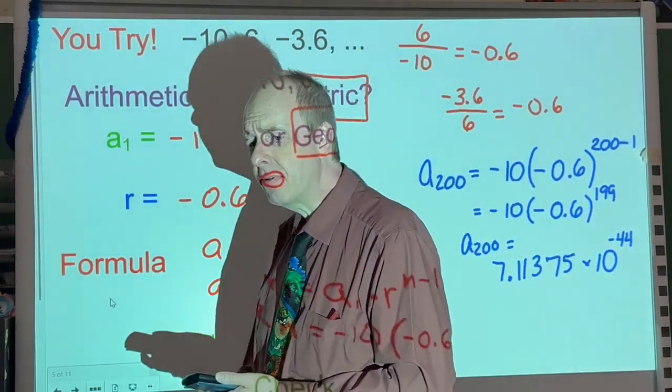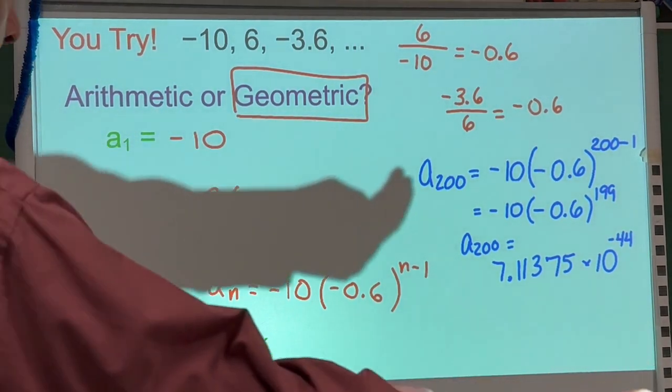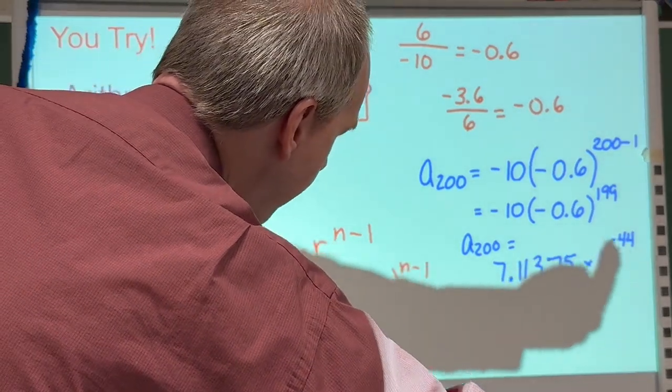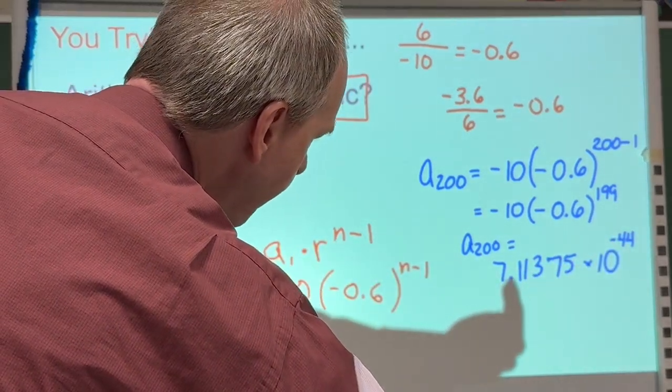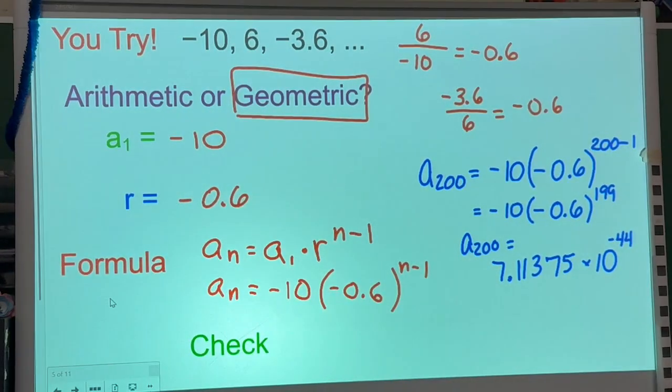Is it a huge number? No, it's a really tiny number because of the negative exponent. Imagine taking that exponent, -44, tells you move your decimal 44 times to the left. Fill all that in with zeros. That's a very, very tiny number. How do I know it's really tiny?